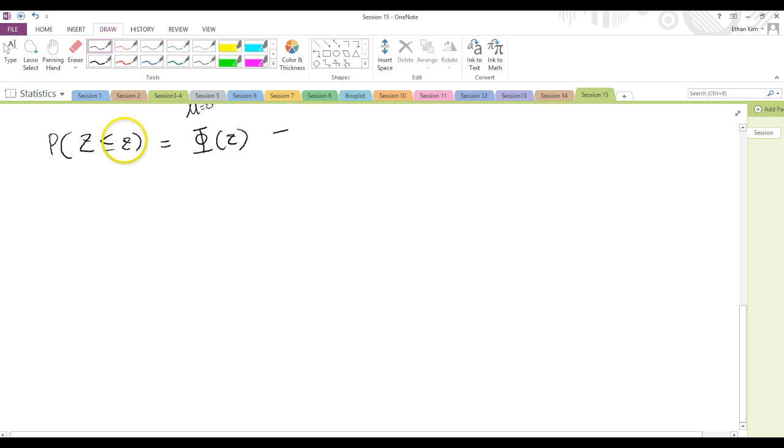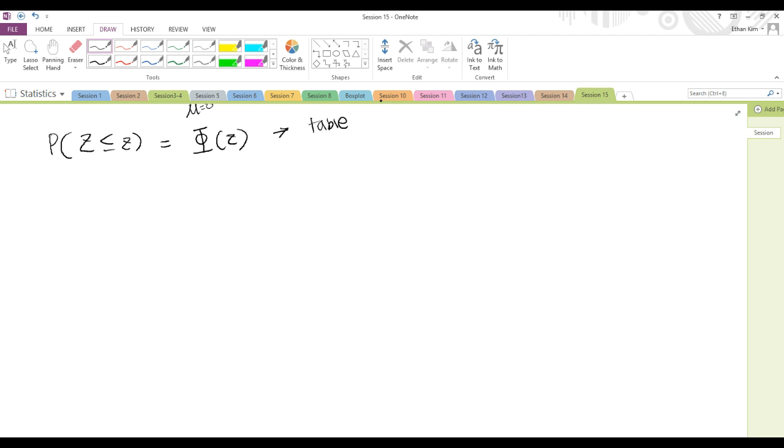We can refer this back to a table, the z-score table. I believe the table was included in the class material, so if you didn't know that, you can just download it.